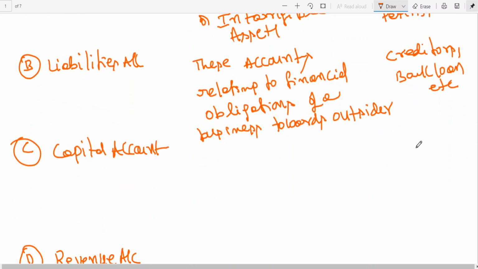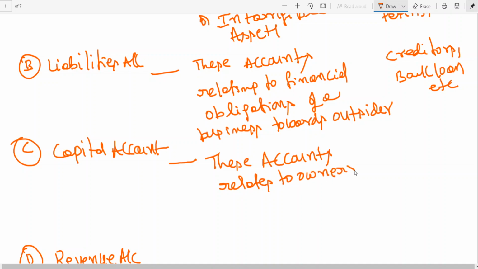The next one, capital accounts. These accounts relate to owners of the business.